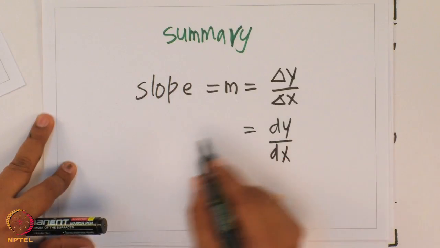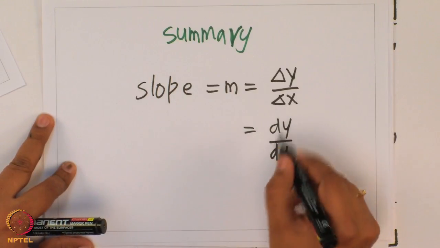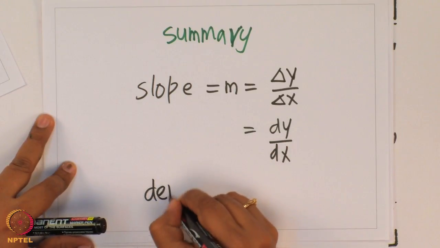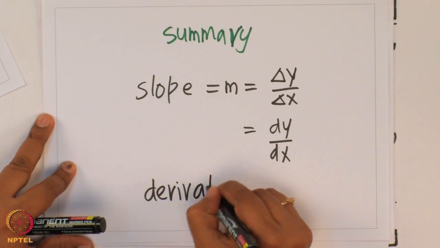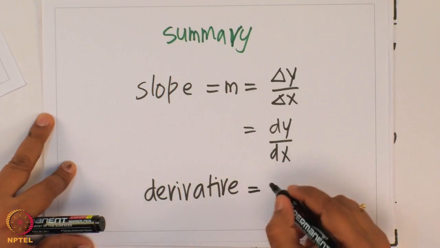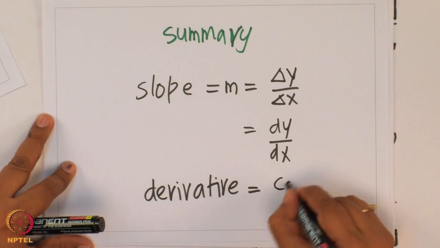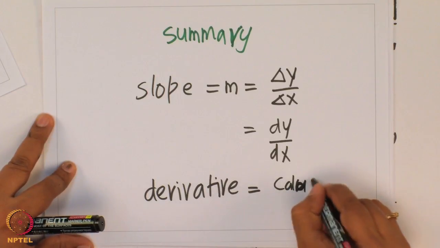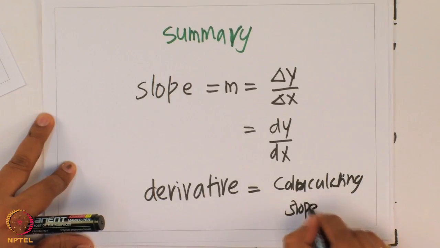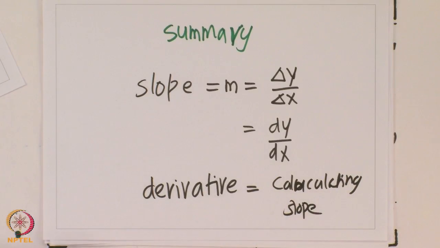We calculated the slope for a straight line and for a curve. We said that calculating slope is the same as calculating derivative. So this is what we learned in this lecture.